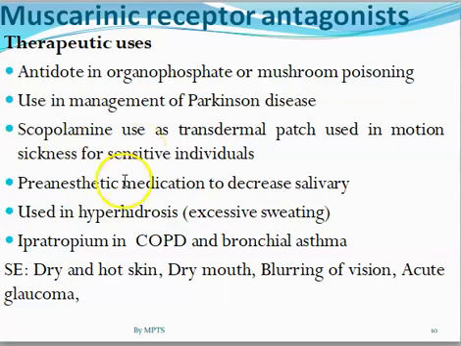They can also be used as pre-anesthetic medication to decrease salivation, and in hyperhidrosis, for people who have a problem with excessive sweating. Ipratropium is used in COPD and bronchial asthma, because it leads to bronchodilation and also decreases bronchial secretions. The side effects are dry and hot skin due to decreased sweating, dry mouth, blurred vision, and acute glaucoma.